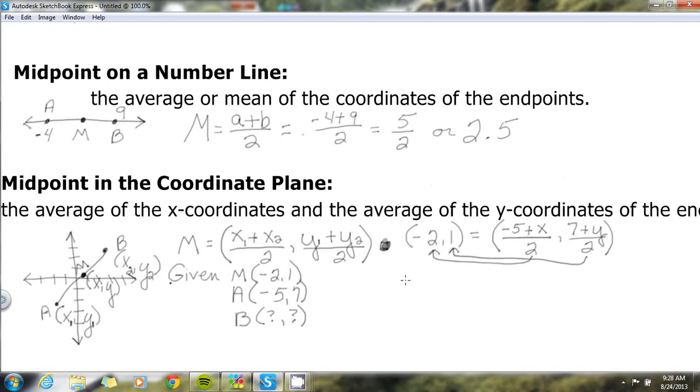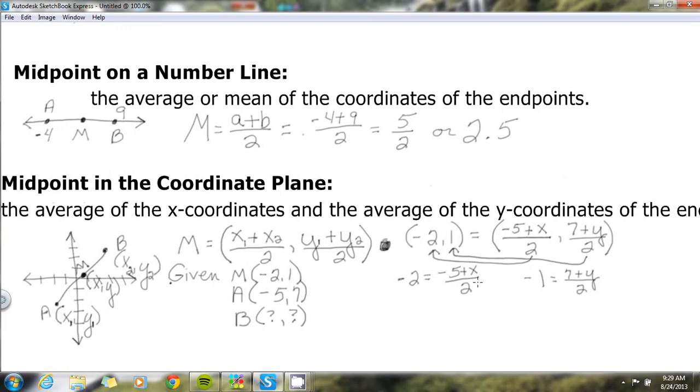We know that to get negative 2, we would do negative 5 plus x divided by 2. And we know to get 1, we would do 7 plus y divided by 2. Now we have two equations that we're going to solve.